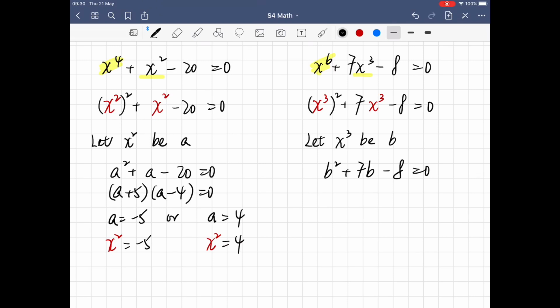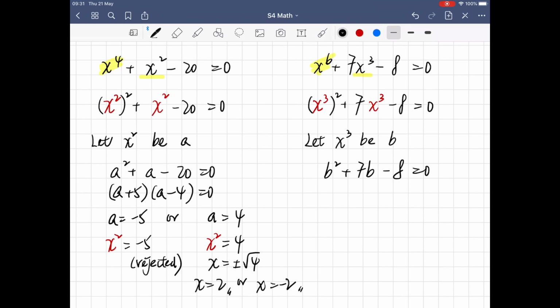As you can see, a square number cannot be a negative one. So for negative 5, it has to be rejected. And then for x squared equals 4, we can take the square root. Finally, we get the answer, x equals 2, or x equals negative 2. Then we finished the first question.